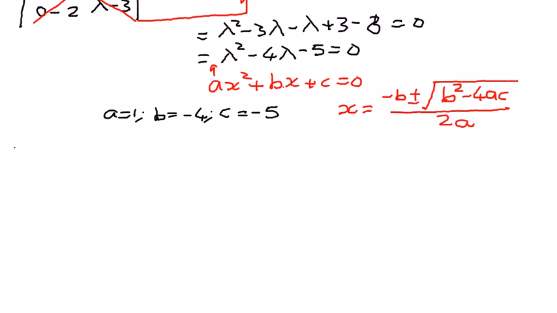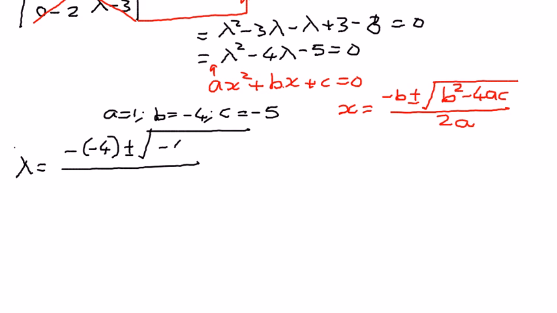We want to find the value of lambda, and therefore lambda is going to be equal to minus b, which is the negative of -4, because the formula came with a negative sign, plus or minus the square root of b squared, -4 raised to the power of 2, minus 4 times a, which is 1, times c, which is -5, this whole thing divided by 2a, 2 times 1.